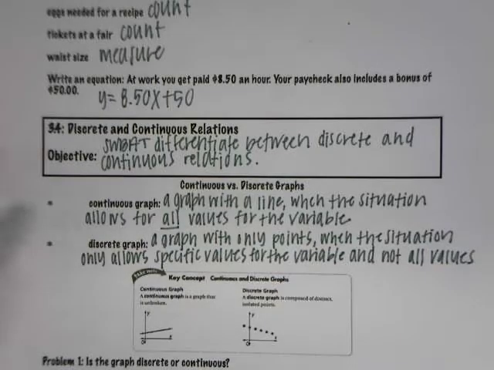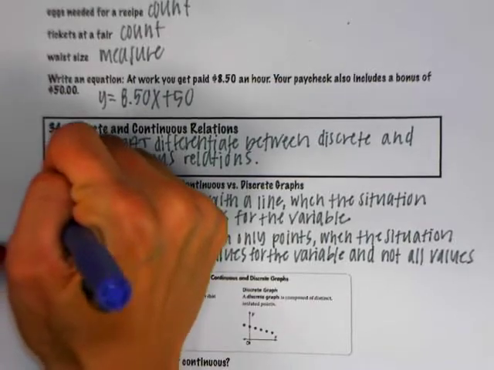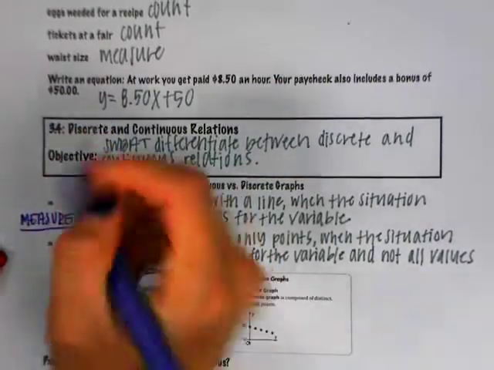So continuous is going to be your measure. And discrete is going to be your count.